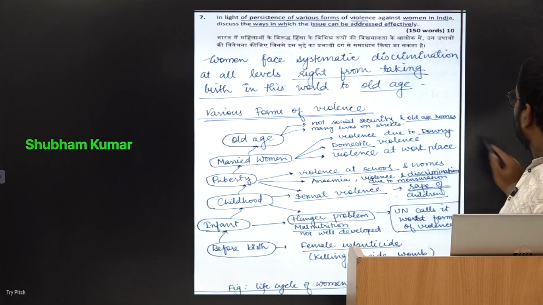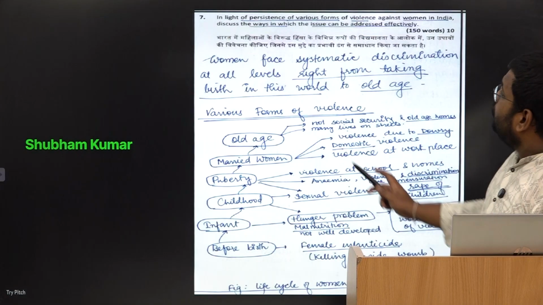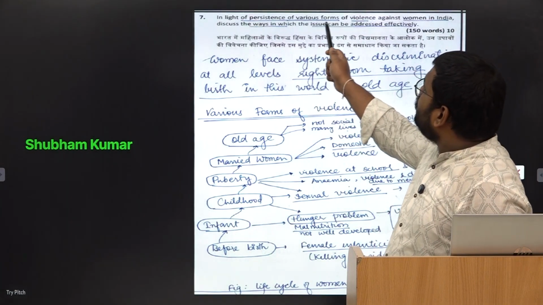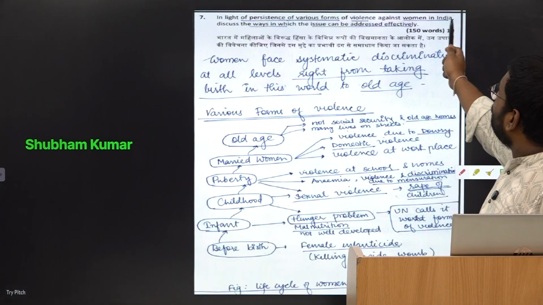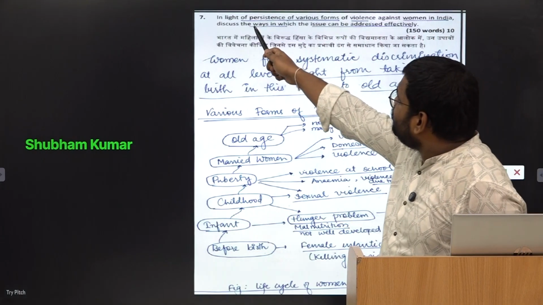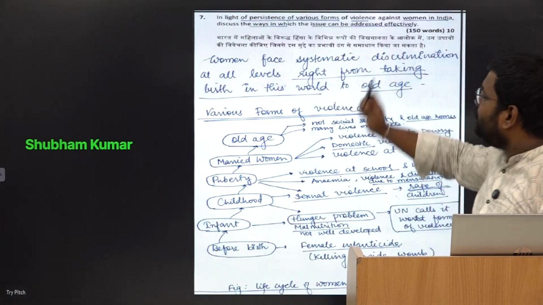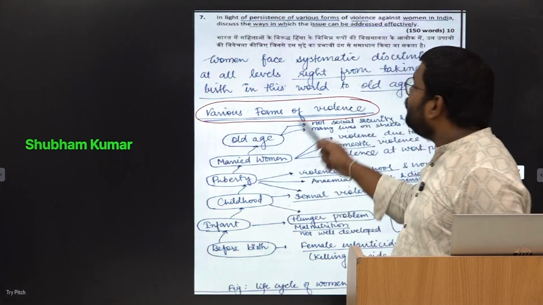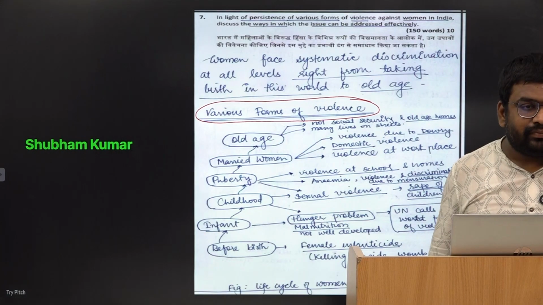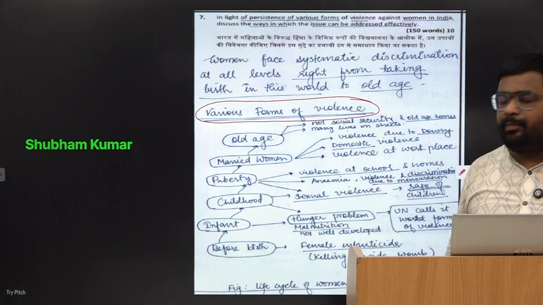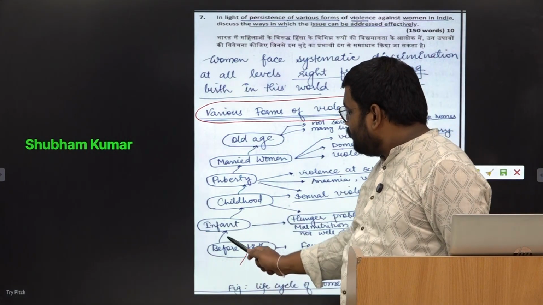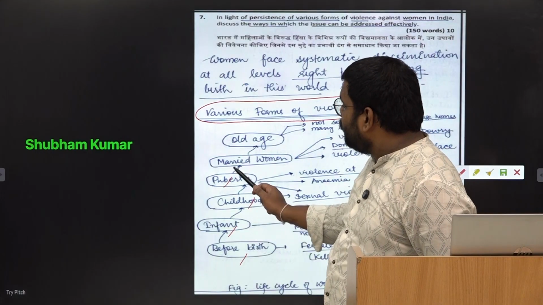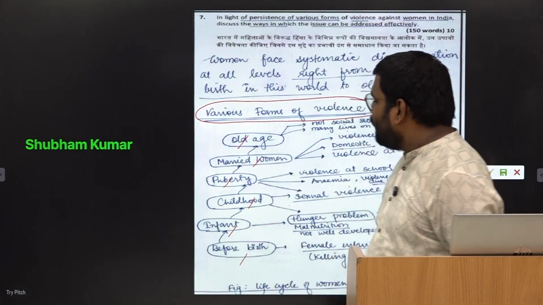So in this, if you see the question, in light of persistence of various forms of violence against women in India, discuss ways in which the issue can be addressed. So basically various forms of violence against women in India. He has used the temporal approach. So before birth, infant, childhood, puberty, married woman, old age.